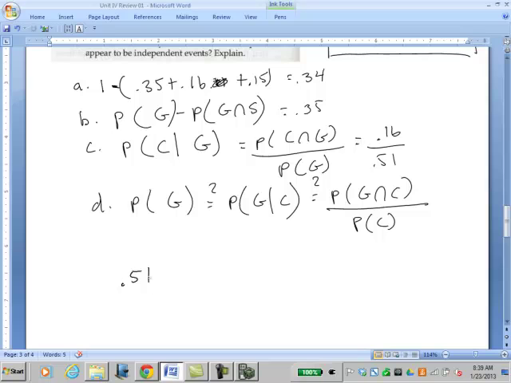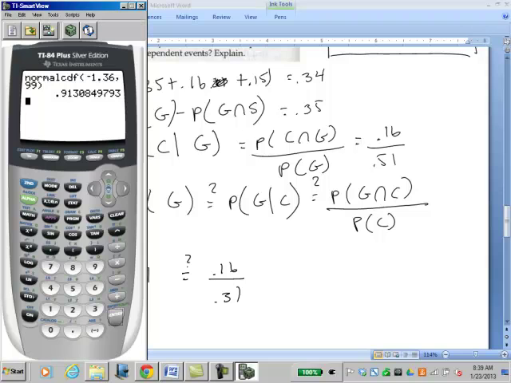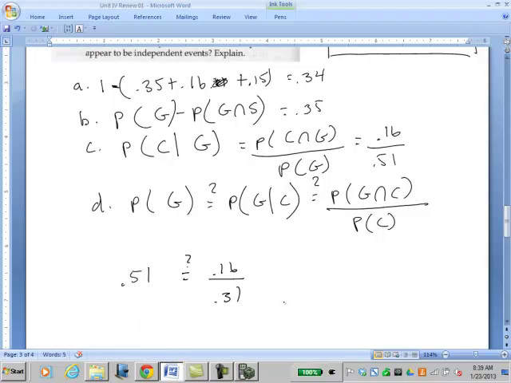Does this equal 0.16 divided by the probability of a computer assignment, 0.31? That is 0.516. Close enough for independence. Everybody all right?